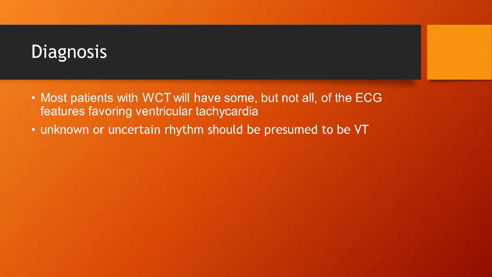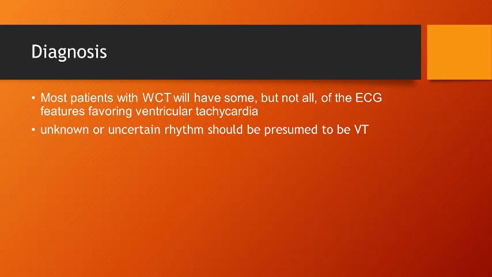Of the several strategies that have been proposed, the Brugada criteria is most widely known and reflects the initial approach that we generally use. However, because the diagnosis of a wide complex tachycardia cannot always be made with complete certainty, even when using multiple ECG criteria, an unknown or uncertain rhythm should be presumed as a VT in the absence of any contrary evidence.